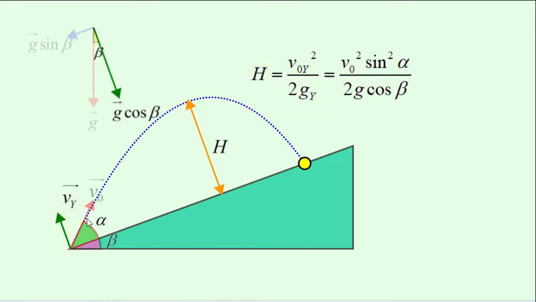So in the numerator, we get v0 squared sine squared alpha, and in the denominator, gy is g cos beta. With that, we get the maximum height formula as v0 squared sine squared alpha over 2g cos of beta.